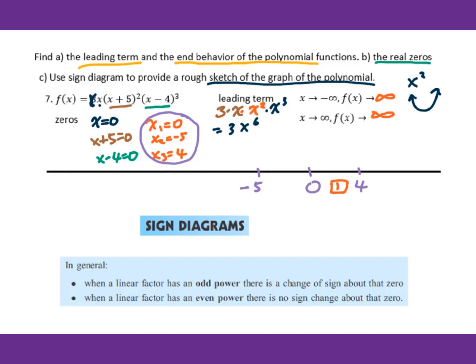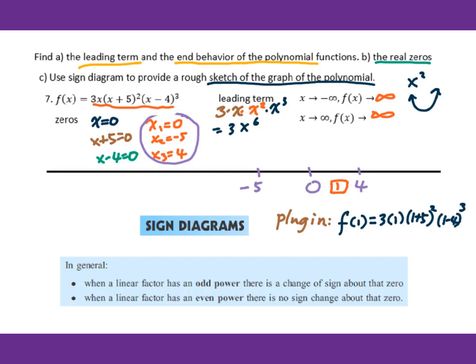After you choose this special number, you need to plug in. So we got f of 1 equals, plug in this function now: 3 times 1 times (1 plus 5) squared times (1 minus 4) to the third power.